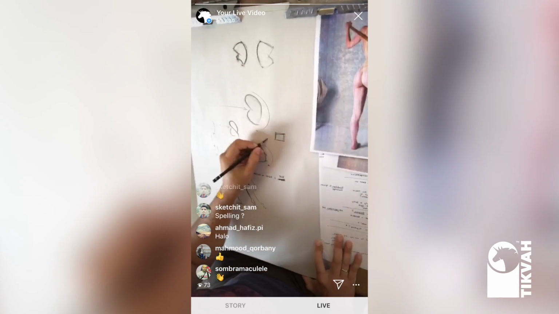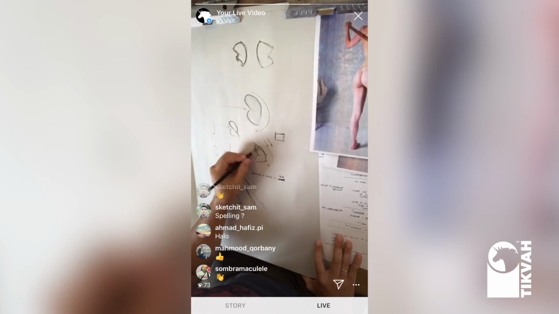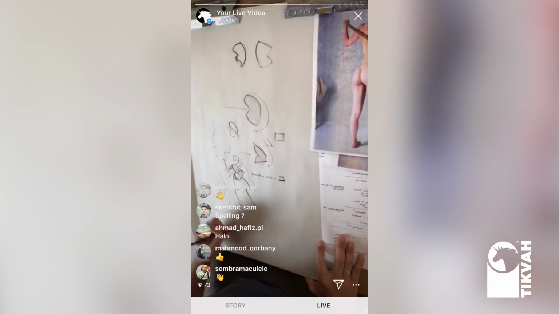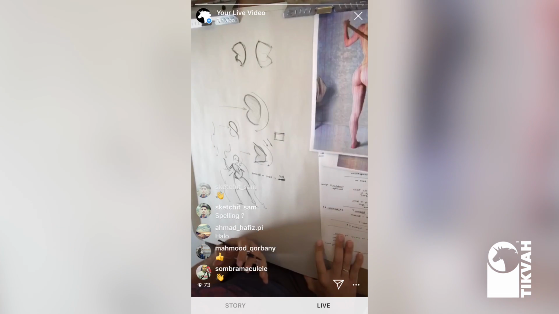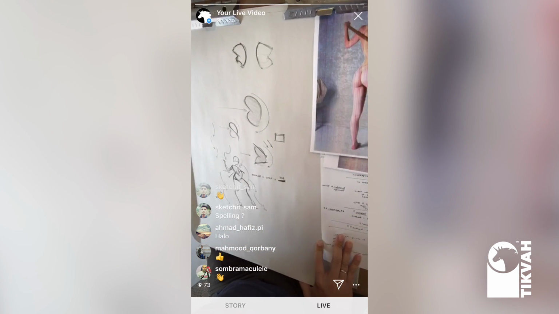Your 45-degree angles are going to be much more exciting. Again, this angle here in the shoulder and the hips, not quite 45 obviously, but hopefully that gets you an idea.